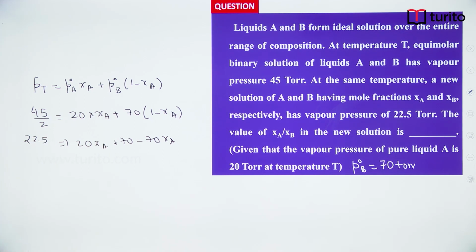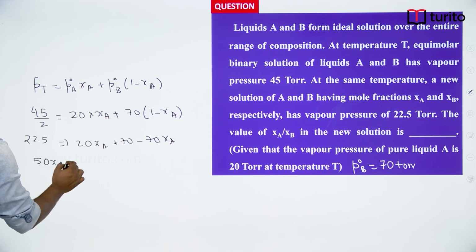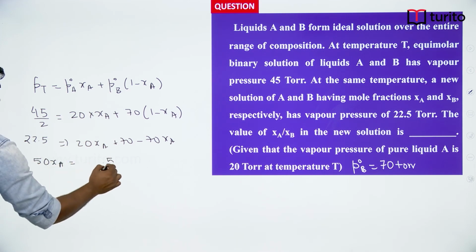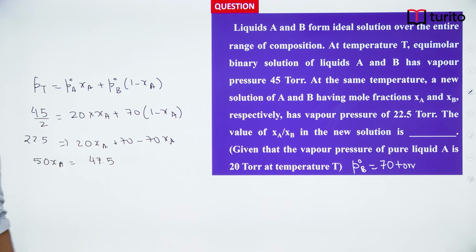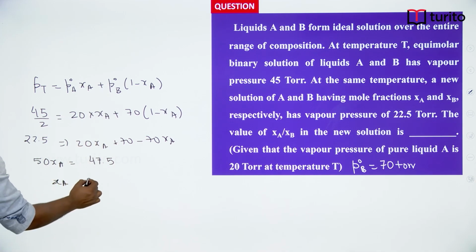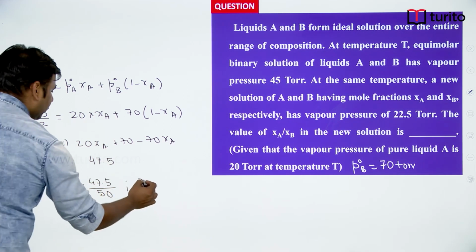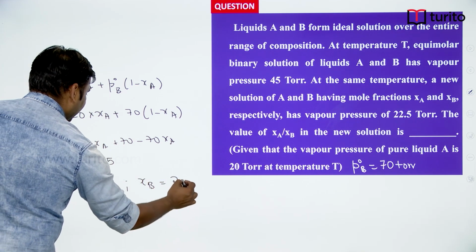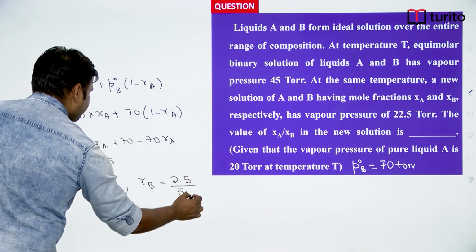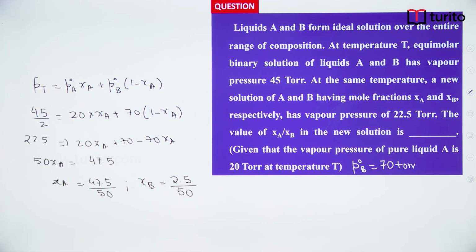So this would be 50 XA equals 47.5. XA will be 47.5 by 50, so XB would become 2.5 upon 50.